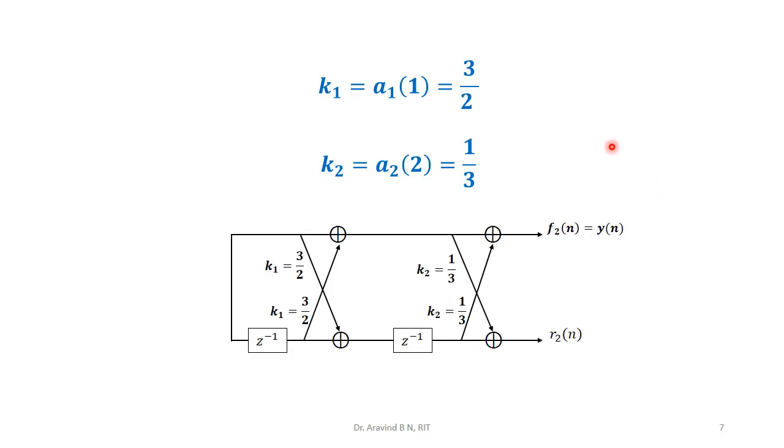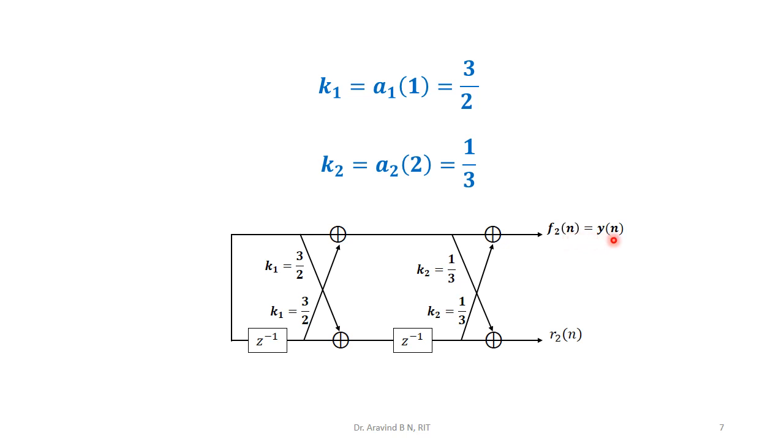Now let us go through the diagram realization. K1 value and K2 value have been calculated. Now the second order lattice structure. We are going to have the standard structural realization for the second order. So this is the first order, and then in continuation, this is going to be the second order. Both are cascaded, and we are going to have f2 of n as the output.